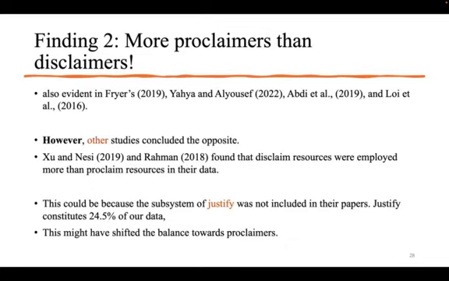However, other studies have also concluded the opposite. For example, Zuannisi and Rahman found that disclaimer resources were employed more than proclaimer resources. However, we can say that this is because they did not include justify in their analysis.